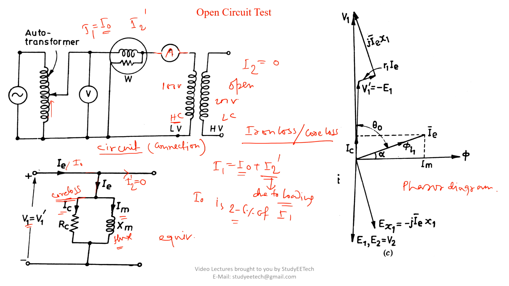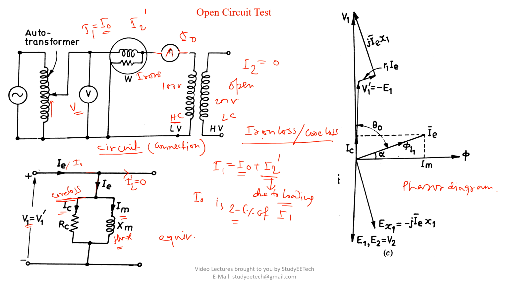So the first and foremost criterion is, using this variac, you have to apply this 100 volt, then you have to read the wattmeter, and that reading of the wattmeter will give you the core loss. The ammeter will read you I0 and the voltmeter will read you the rated voltage. And this is the iron loss.